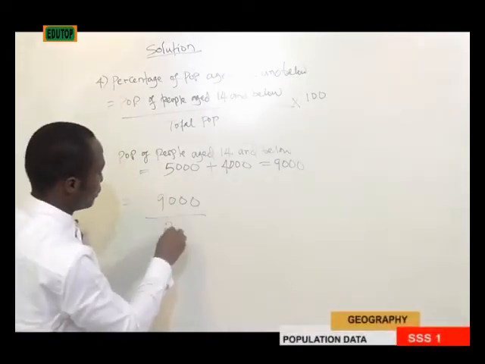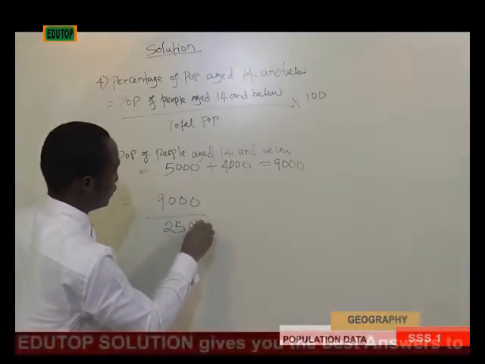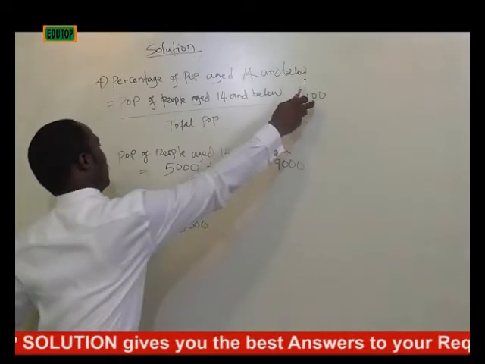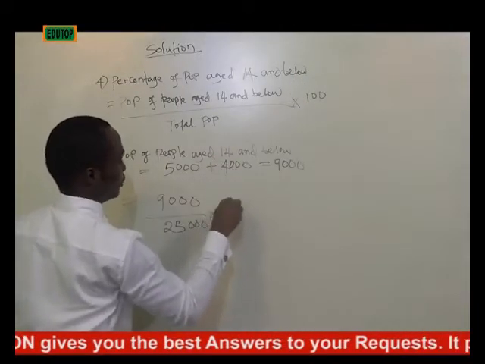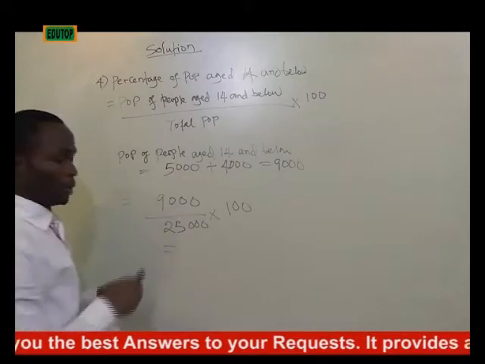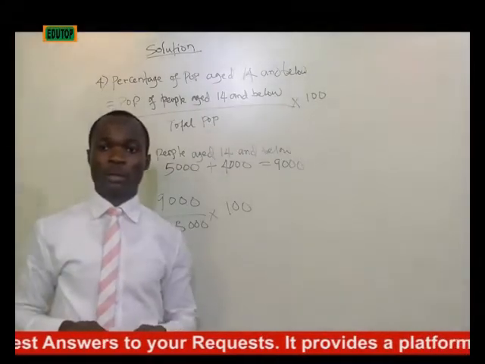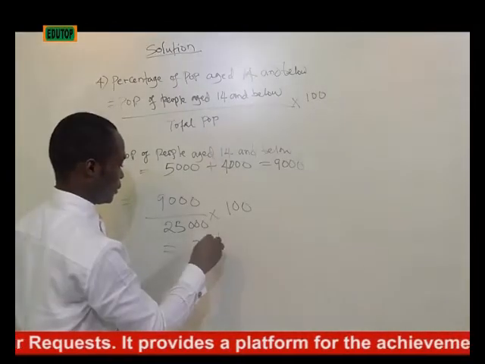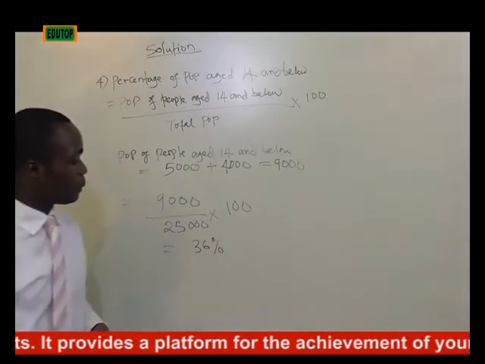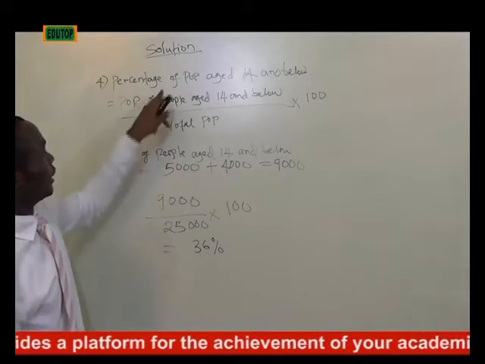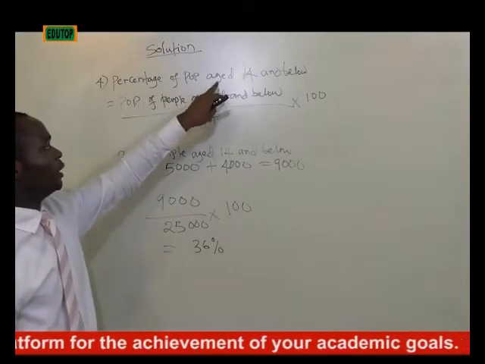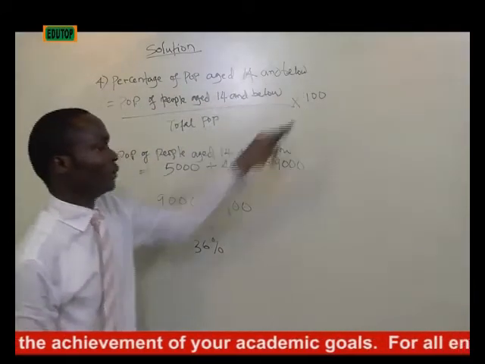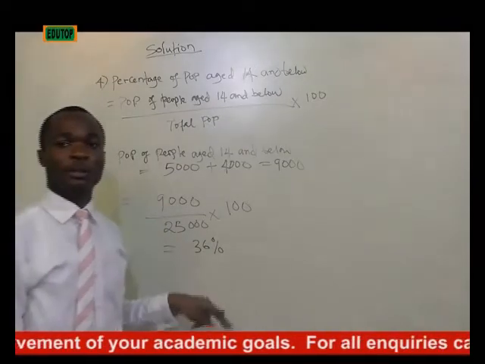So we have 9,000 over 25,000 times 100. That will give us 36%. Therefore, the percentage of population aged 14 years and below is 36%.